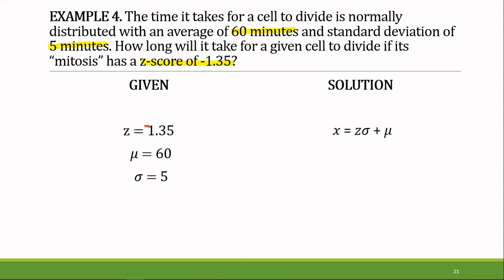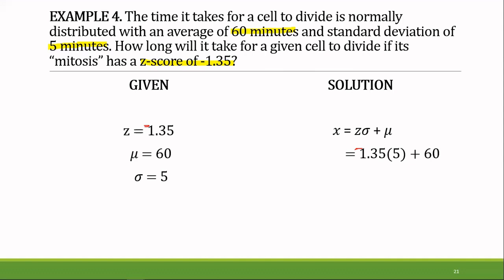For the solution, since the unknown is the random variable, x is equal to z times the standard deviation plus the mean. So it should be negative 1.35 times 5, which is our standard deviation, plus 60.